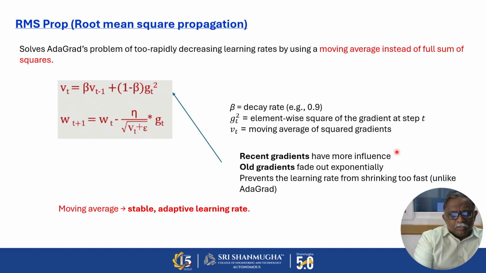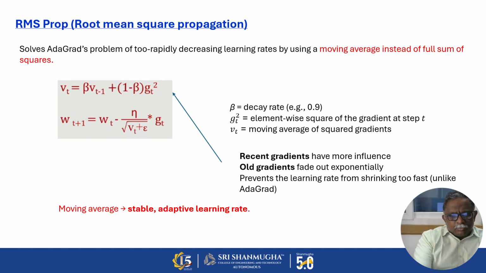Basically, this root mean square is calculated on the basis of the moving average instead of the full sum of squares.